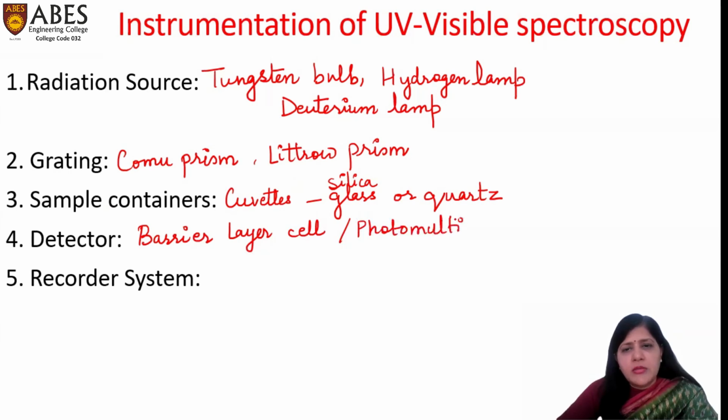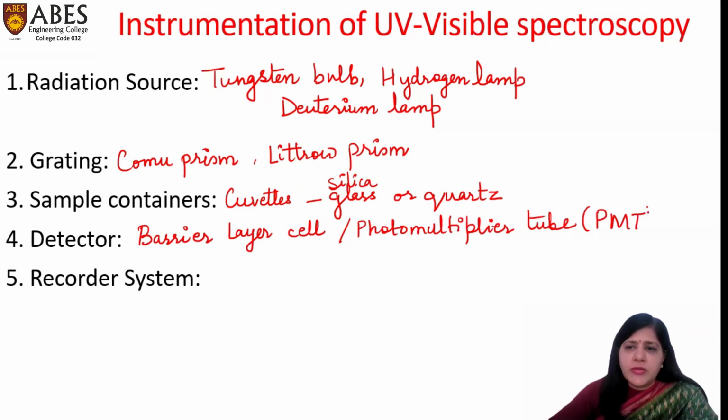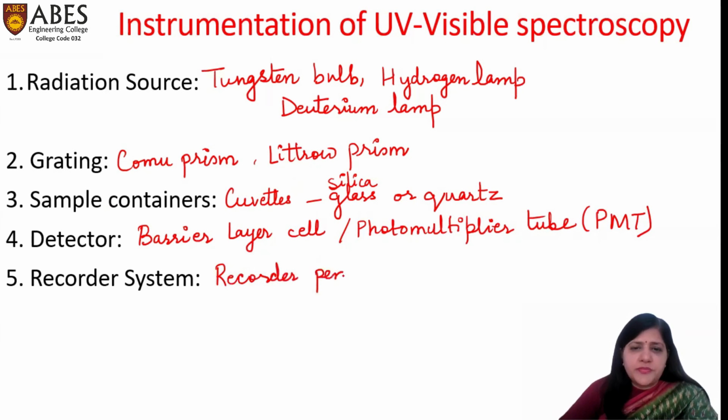These are the common detectors used. For the recording system, a recorder pen is used to record the spectrum. So this is the instrumentation used for UV visible spectroscopy.